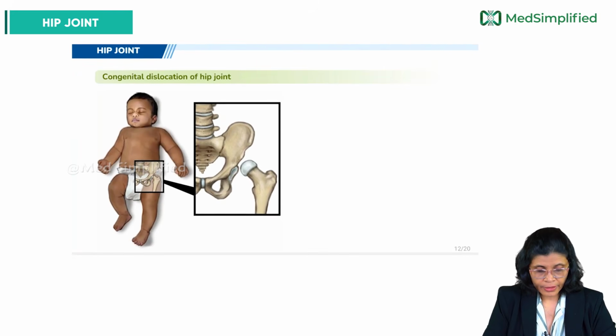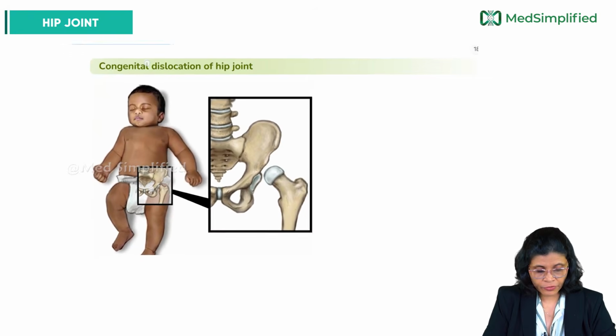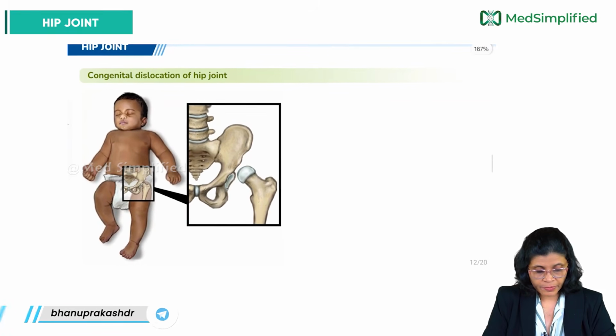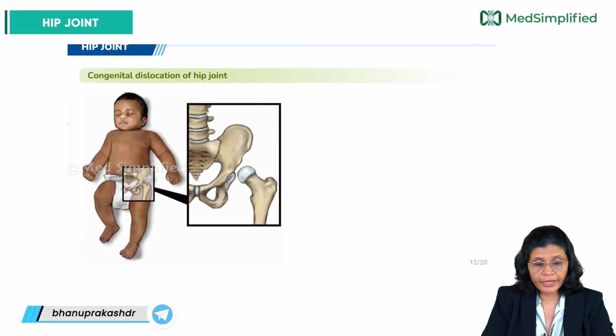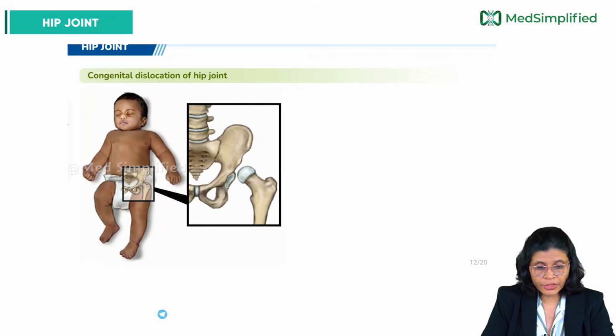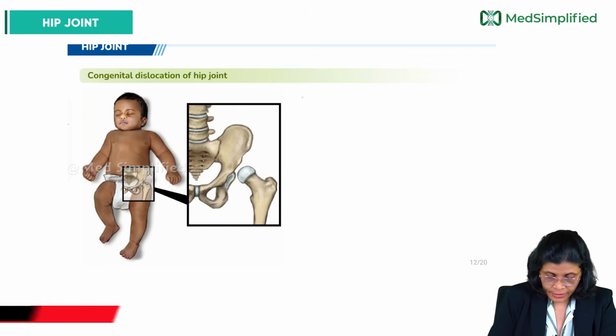Next, let's see some of the clinical aspects of the hip joint. There is congenital dislocation of the hip joint, which is more common than any other dislocation in the body. This is mainly due to two reasons.